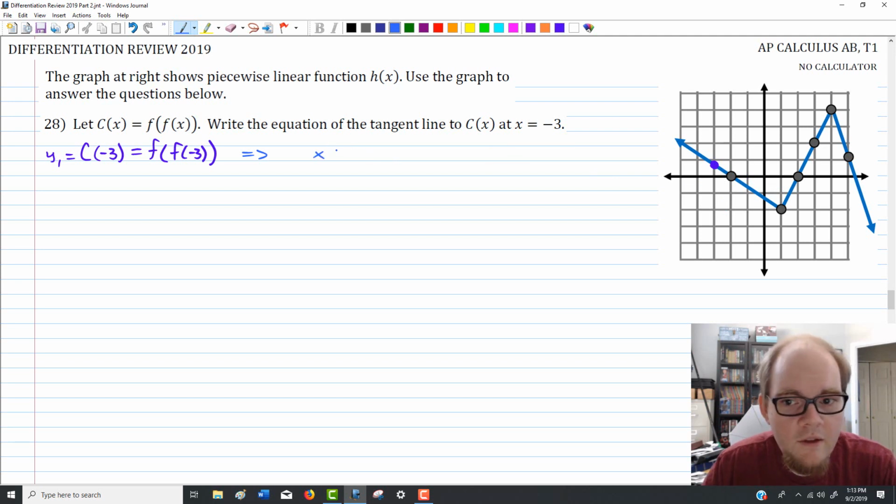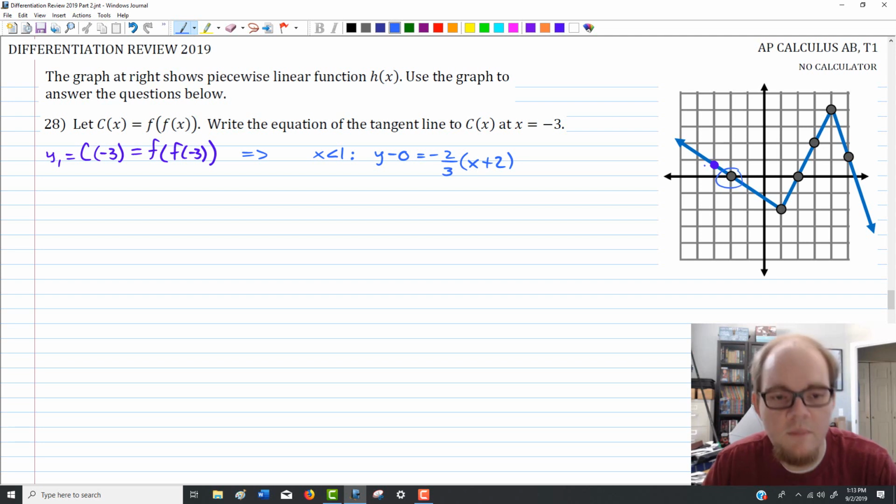Specifically, for x values less than 1, the equation of the function is going to be y minus 0 equals -2/3, that coming from the slope, times x minus -2. So let's just make sure we're at the point -2 comma 0 right there. It's along that same line, so that looks pretty good. So our equation is y equals -2/3 x minus 4/3.